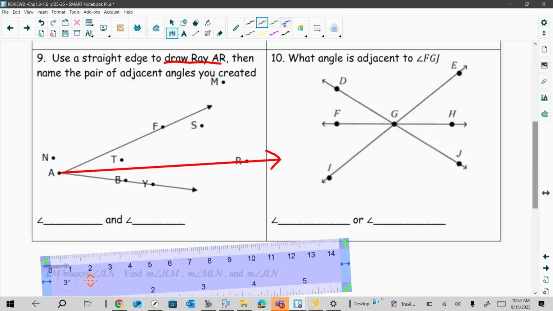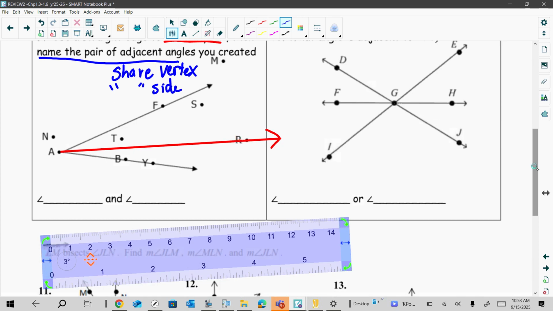Then it says name a pair of adjacent angles. To be adjacent, they have to share a vertex and share a side. That would be the ray AR, would be the shared side.